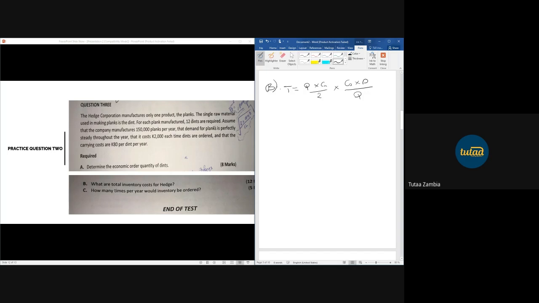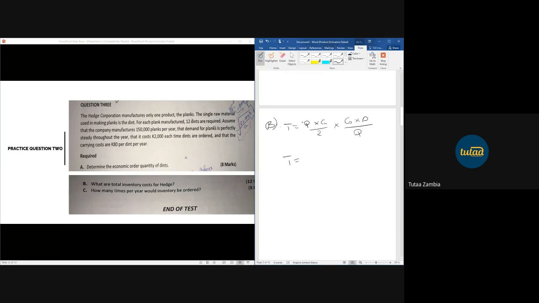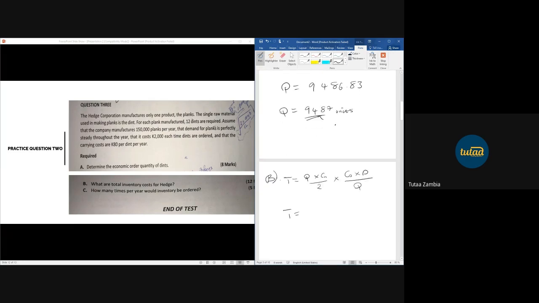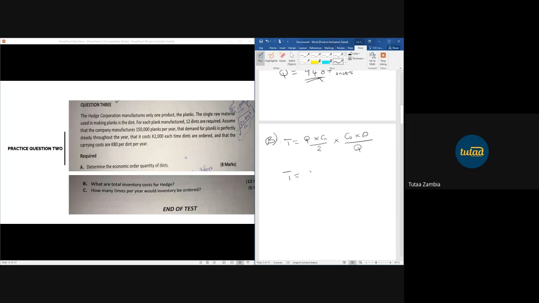This is our formula. Now we substitute. Our order quantity is 9,487, multiplied by our holding cost of 80 kwacha, divided by 2. This is supposed to be addition, not multiplication, so there's a plus there.